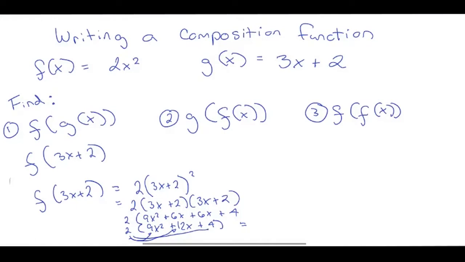And then I'll get 18x squared plus 24x plus 8. So f of g of x is 18x squared plus 24x plus 8.